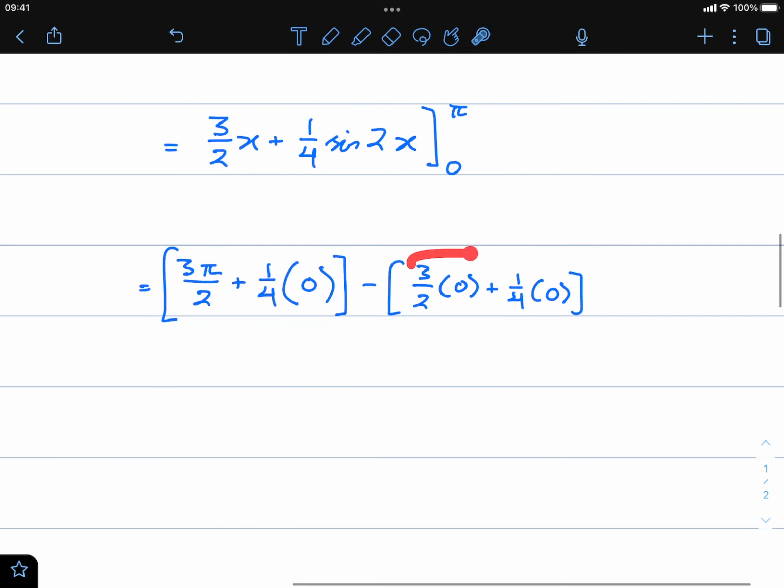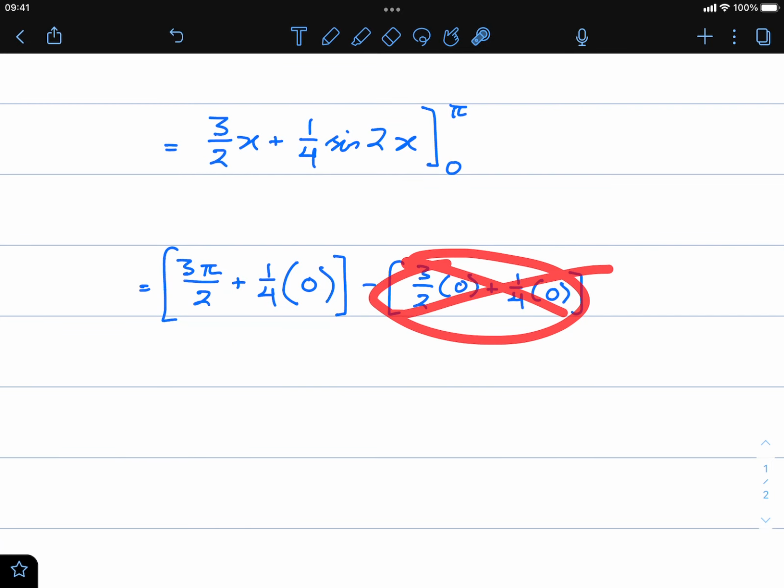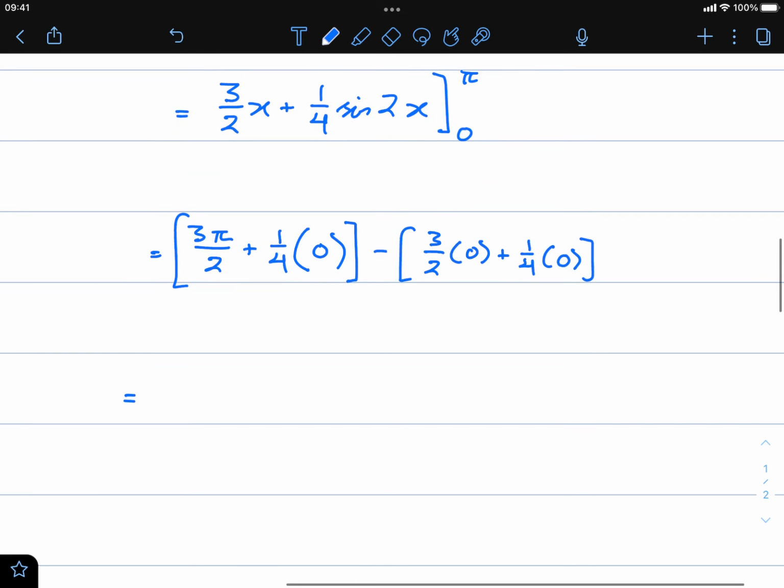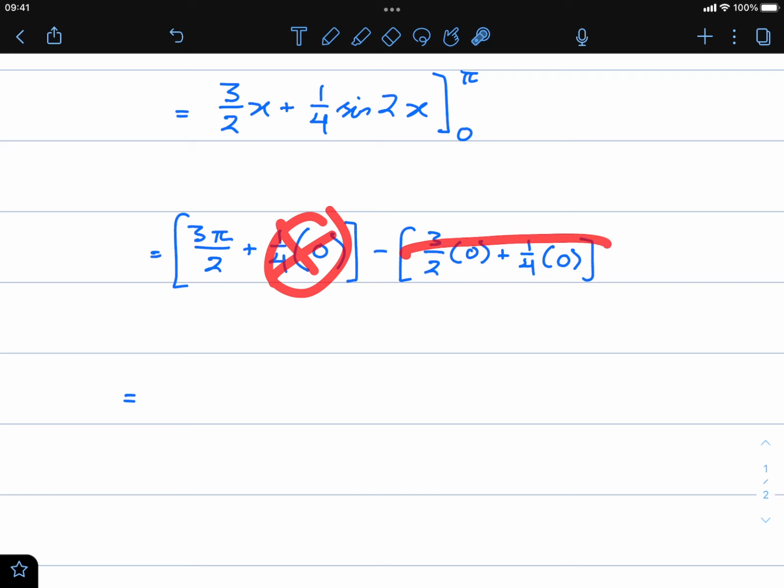So in actual fact, all of this is just 0. Timesing by 0 here, that's also 0. All of this is 0, which leaves us with 3 pi on 2.